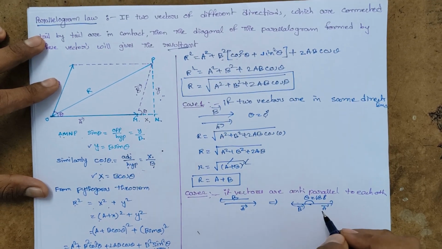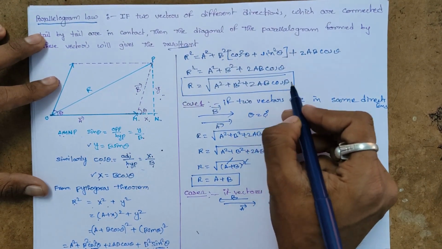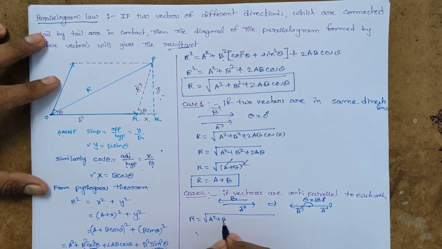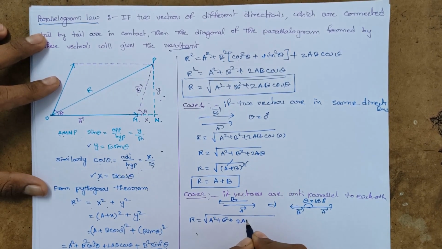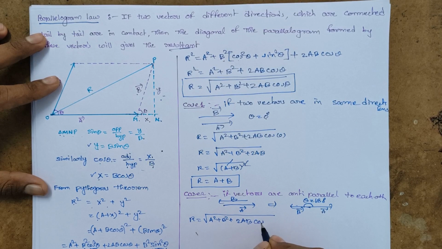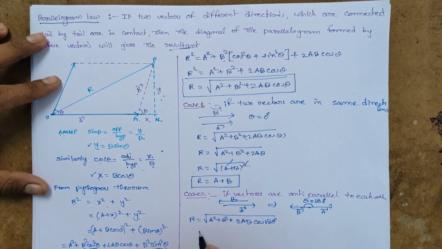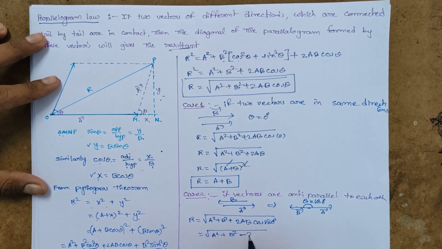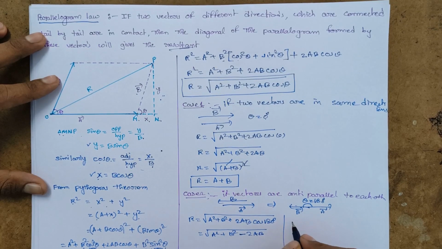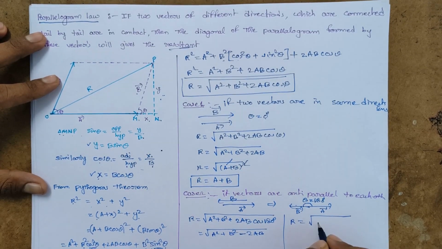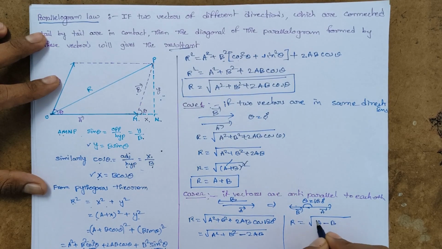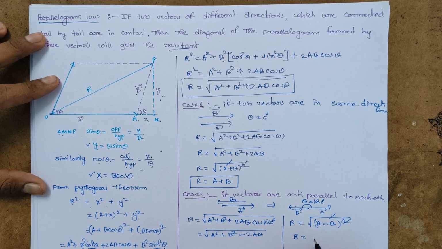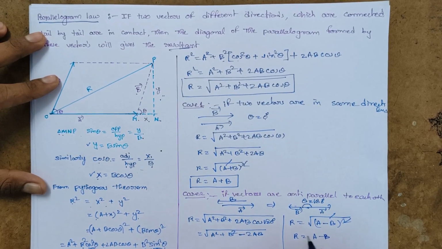Because both the vectors are anti-parallel. Now in this case, you can substitute theta as 180 degrees here. r is equal to under root a square plus b square plus 2ab cos 180. Cos 180 value is minus 1. So we can write it as a square plus b square minus 2ab. That we can write as r is equal to under root a minus b whole square. So the square root cancels. Finally the resultant will be r is equal to a minus b.